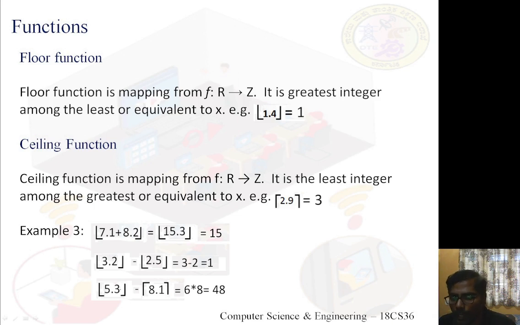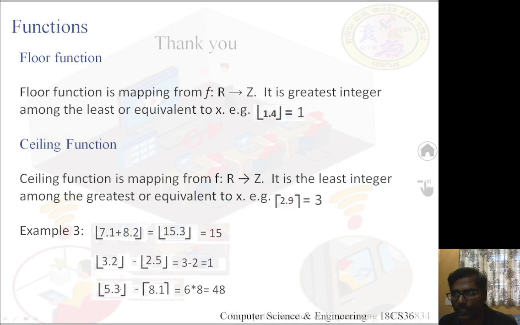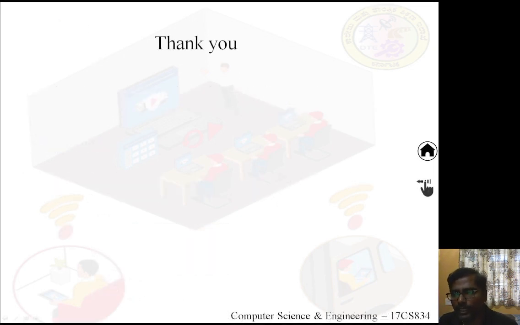That is, you are now able to determine the number of functions from A to B that are possible. Then we had a discussion about a few basic types of functions such as identity functions, constant functions, floor functions, and ceiling functions. With this let me wind up my session. Thank you for listening.